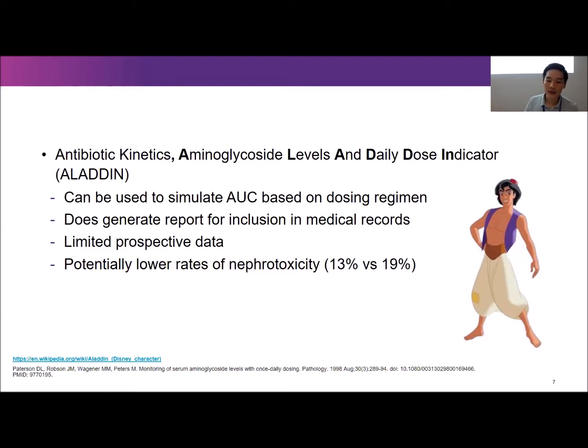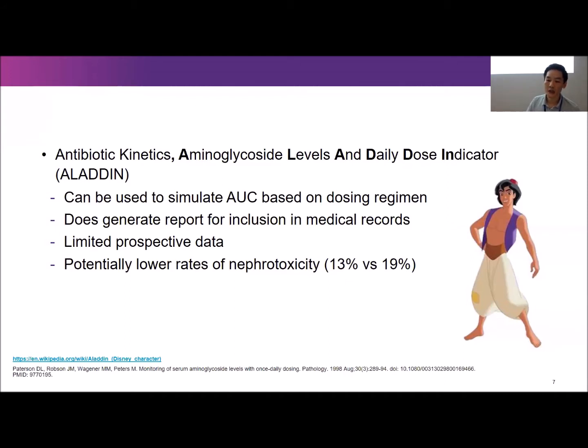A study done in the late 90s by the Patterson group compared the use of Aladdin to dose aminoglycosides with clinicians who dosed aminoglycosides using a dosing nomogram. They found that patients who received their dosing using Aladdin had a lower incidence of nephrotoxicity, about 13% compared to about 19 to 20% in the clinicians who used a nomogram.